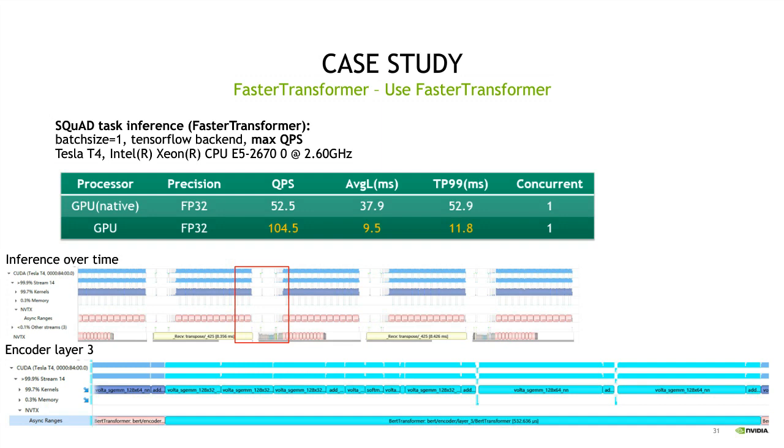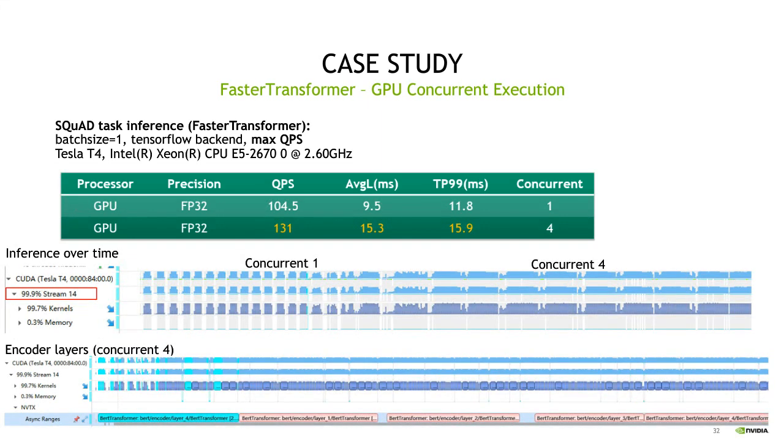So one might think that if I run multiple inferences concurrently, then we will try to use the GPU concurrent execution. With an easy and direct configuration, we will run four TensorFlow session inferences concurrently. But look at the timeline. There's only one stream.